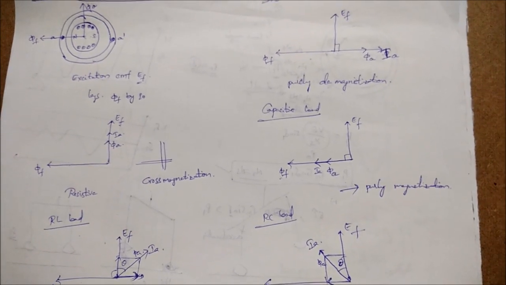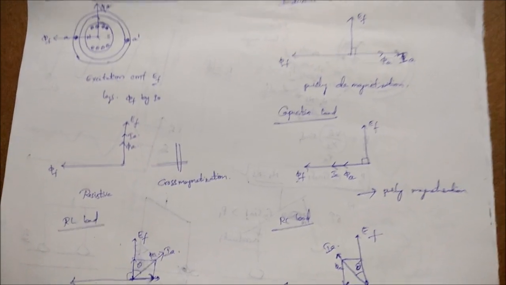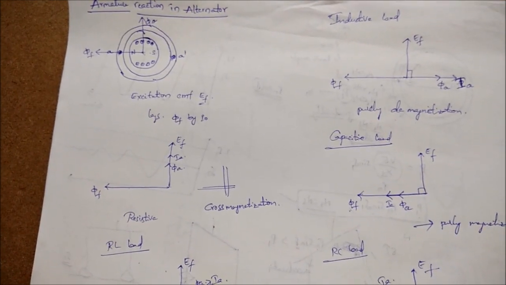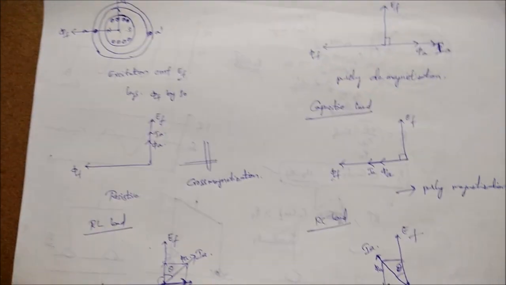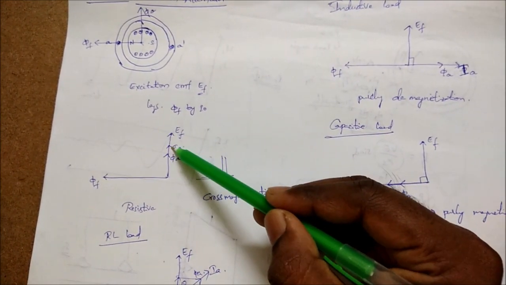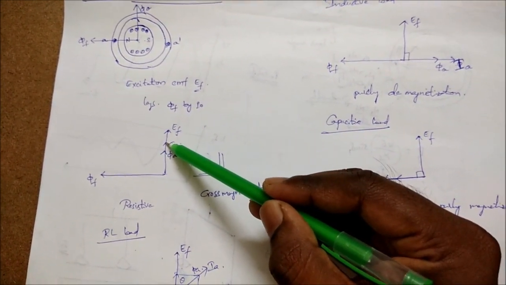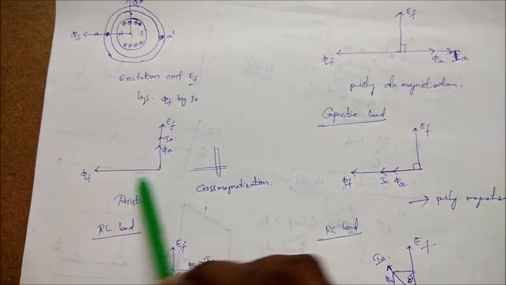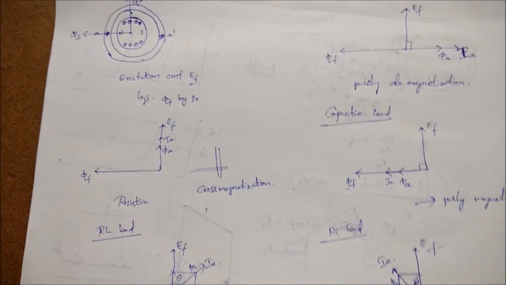If you consider the synchronous motor, the direction of current will be reversed. Here the current direction is like this in the alternator, while in the synchronous motor the current direction will be in this direction. In that case also, it is cross magnetization.